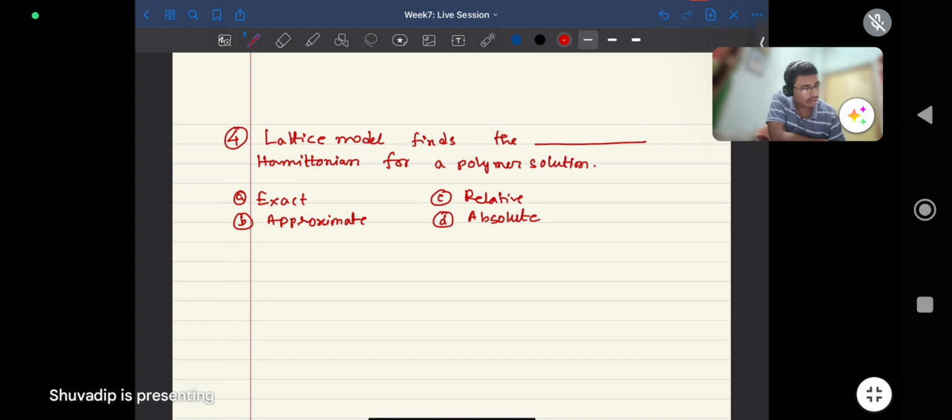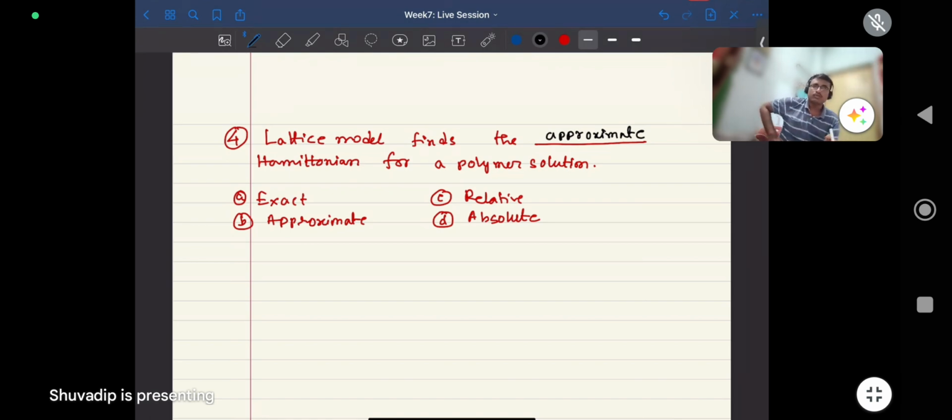So while building this idea of lattice model to describe the solution system, we have made a good number of assumptions. So this Hamiltonian is not exact, but it is approximate. There are multiple assumptions: that solute and solvent molecules occupy an equal amount of volume, which is denoted by Vc.